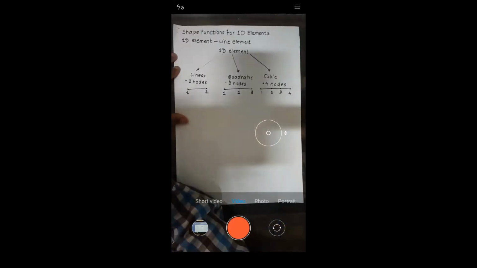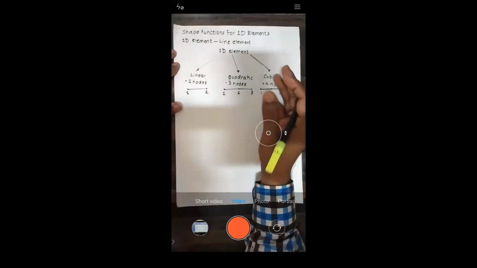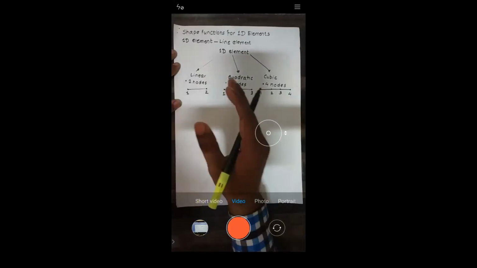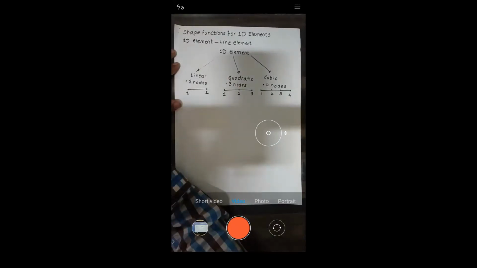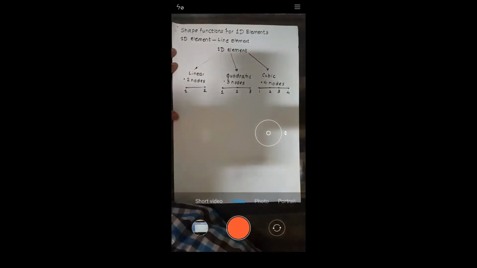So what happens is, as you move from linear to quadratic to cubic, your constants go on increasing. The complexity will also go on increasing, because the number of constants with which you want to deal will increase, but at the same time your accuracy will also increase.